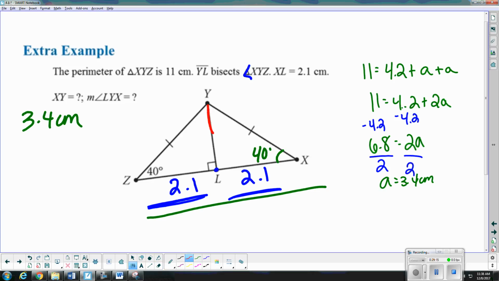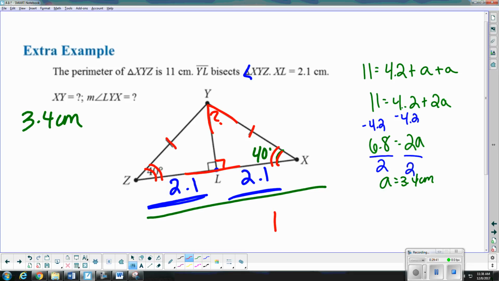We're looking for the measure of this angle here. Since we know that it's an isosceles triangle and these 2 sides are congruent, that tells us that these 2 angles are congruent. And since we know that this is a line, this also has to be 90 degrees.